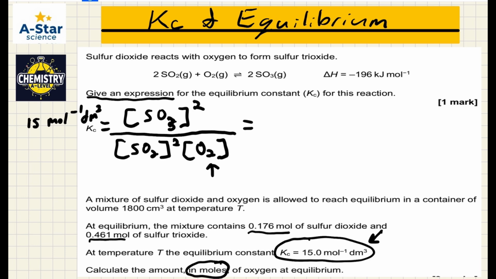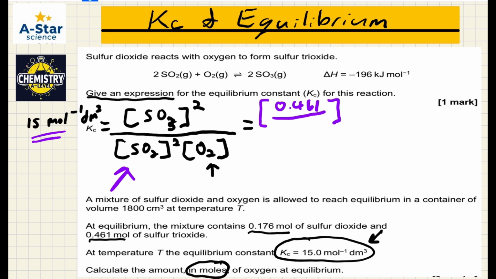Because this represents equilibrium, we can substitute the information in. At equilibrium, it tells us that there was 0.461 moles of sulfur trioxide. Remember though that the square brackets indicate concentration, so we need to turn that into concentration.